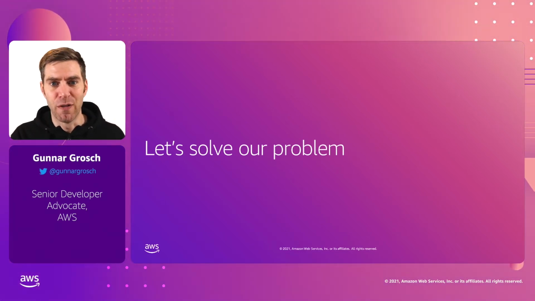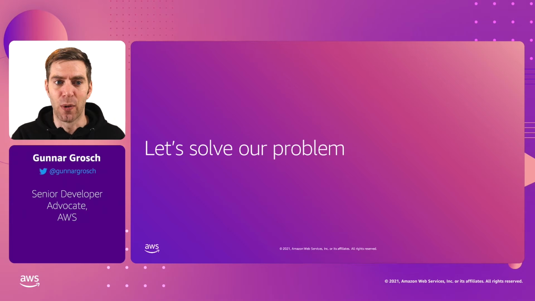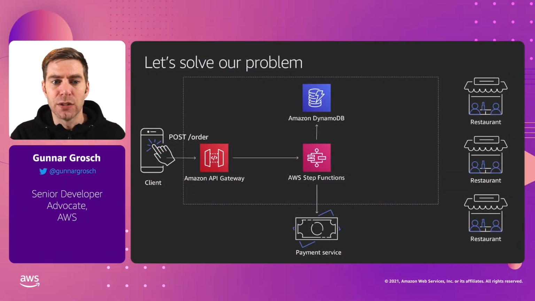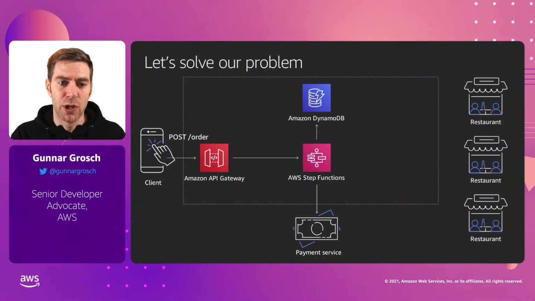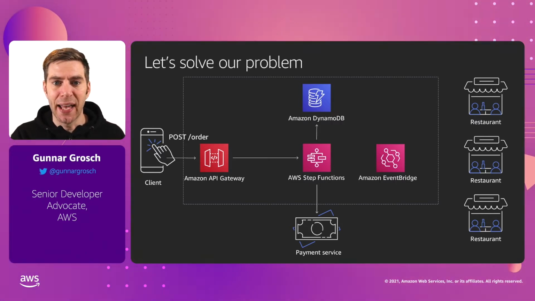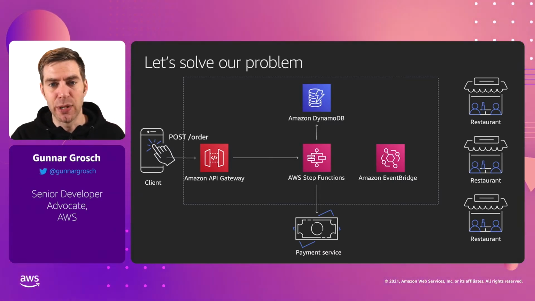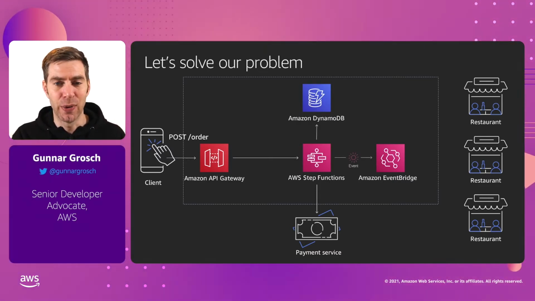So with the power of events and Amazon Eventbridge, let's try to solve our problem. So this is our architecture. We're taking a step back, and instead we're adding Amazon Eventbridge into the mix. And we're changing our Lambda function that previously handled that API call to our restaurant.